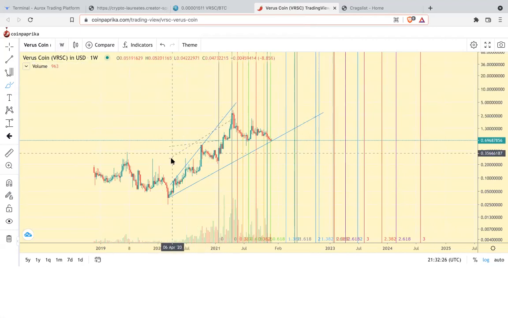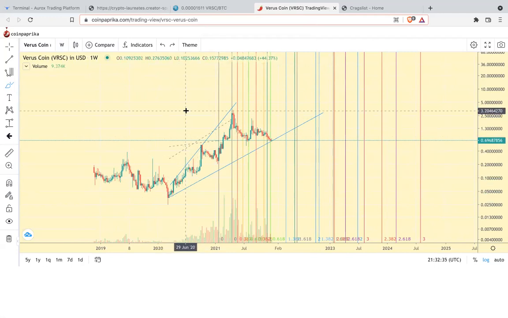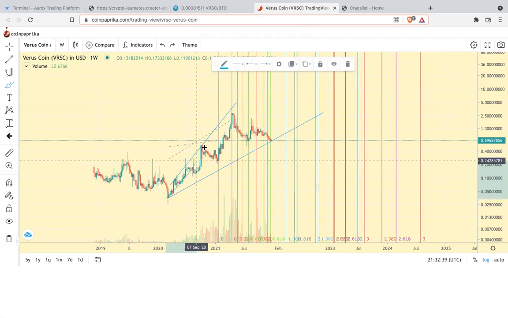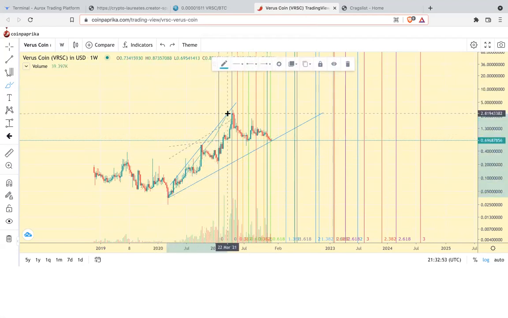We've got a weekly time frame here, and we're starting back in March of 2020, a really significant low. What we notice is this impulsive type of move up, and now this consolidative move across. Maybe they are part of the same degree. That's what I'm considering here: that this move up is the same degree as whatever move we're in right now.